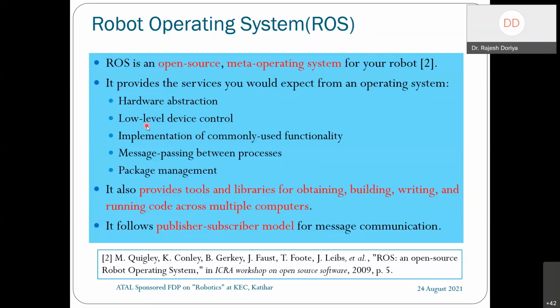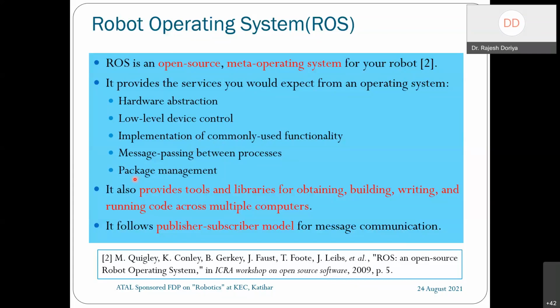Apart from that, it also implements commonly used functionalities. There are a number of nodes, and all those nodes are nothing but processes. In terms of an operating system we deal in terms of processes, but in the robot operating system all the processes are dealt with in the form of nodes.